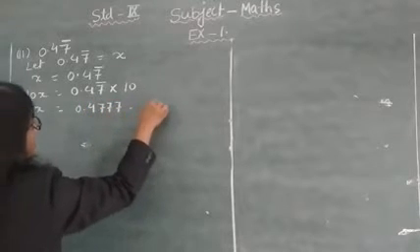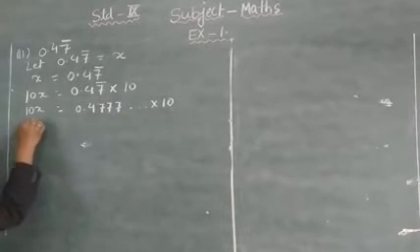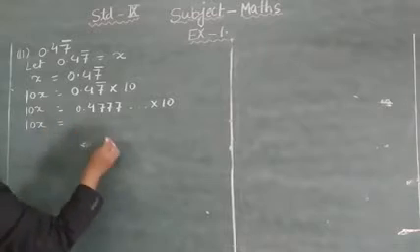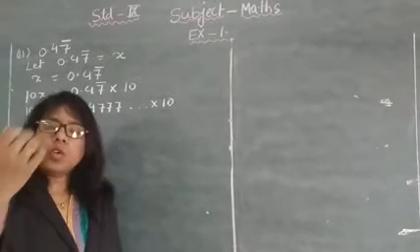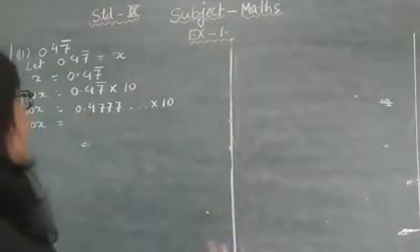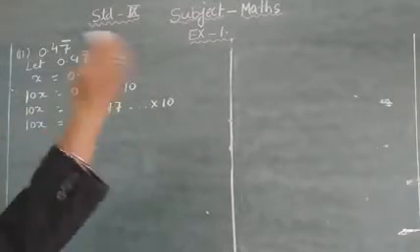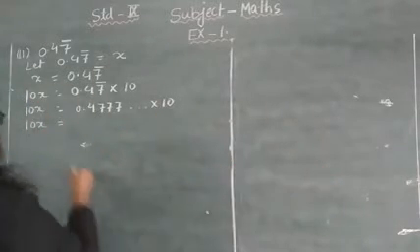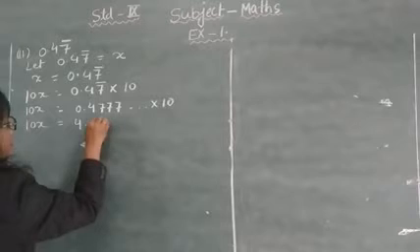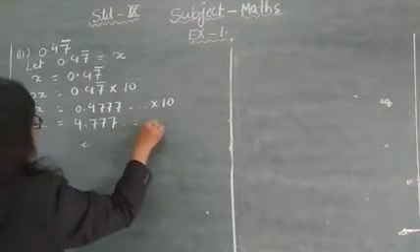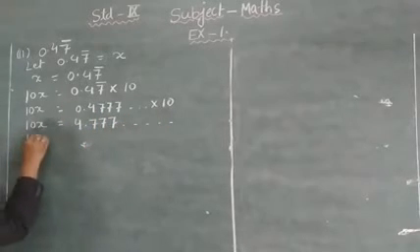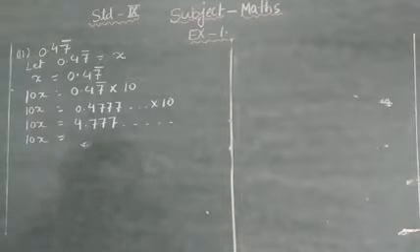So 10x is equal to 0.4777 multiplied by 10. So the decimal will shift one place to the right. So it is 4.777, like this. So 10x is equal to, now what can we do? Just see what is here.